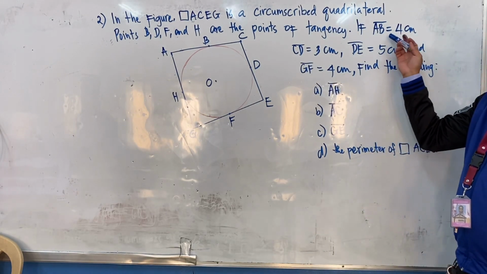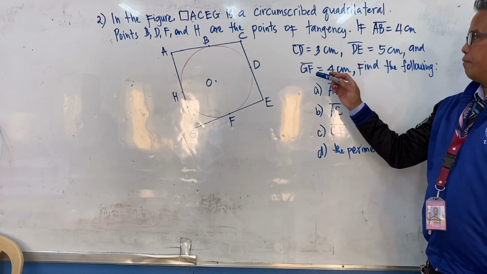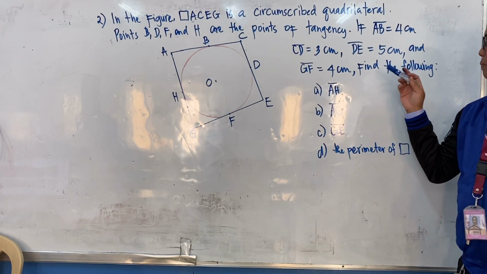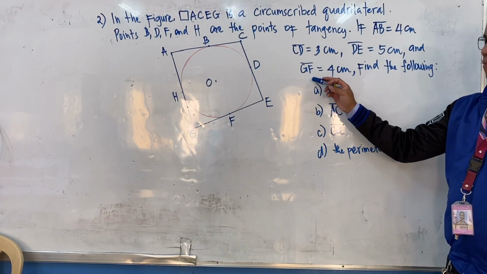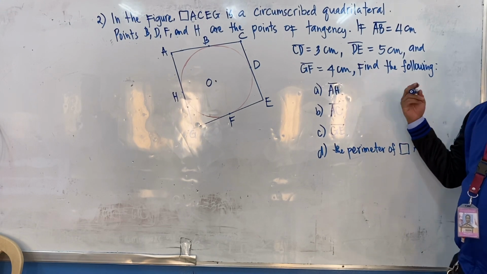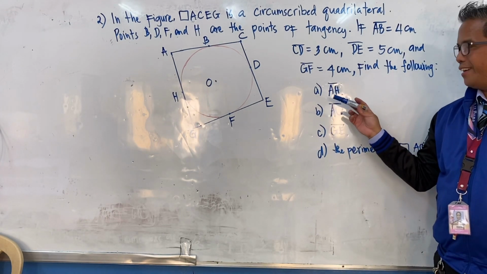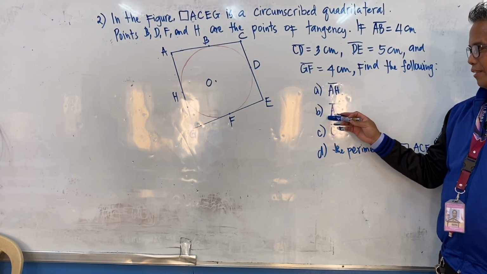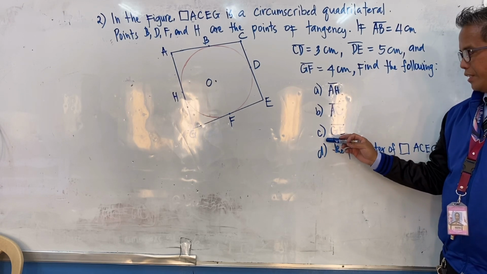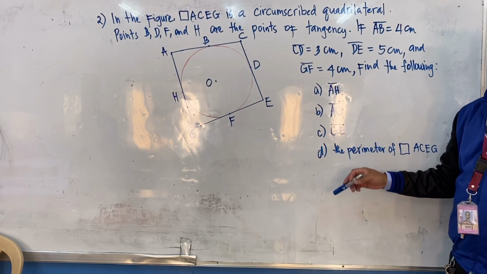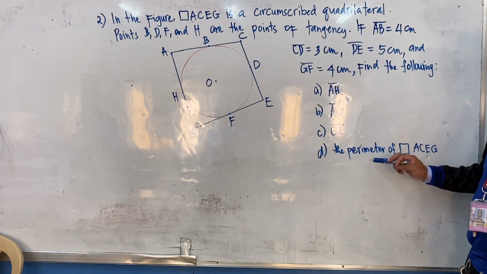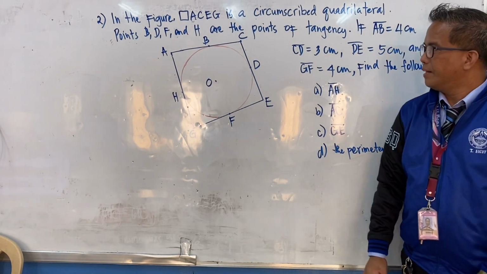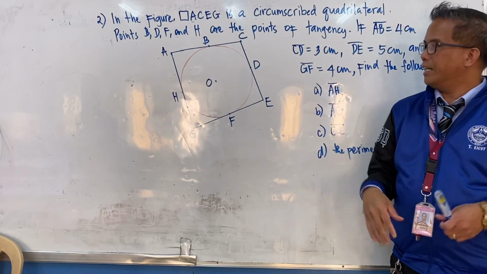If segment AB equals 4 cm, segment CD equals 3 cm, segment DE equals 5 cm, and segment GF equals 4 cm, find the following. Letter A, segment AH. Letter B, segment AC. Letter C, segment GE. And letter D, the perimeter of quadrilateral ACEG.